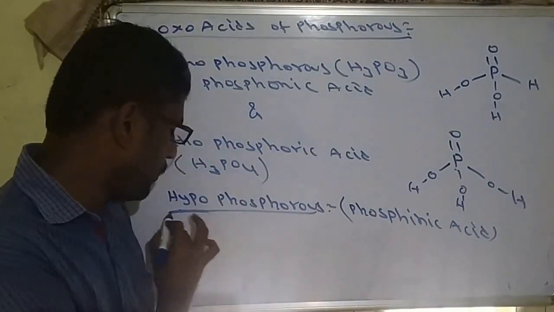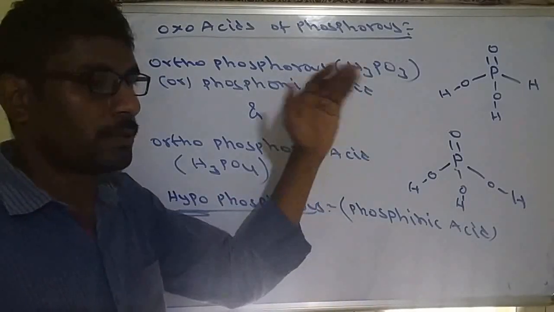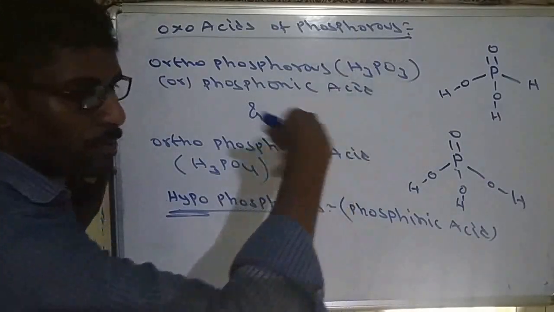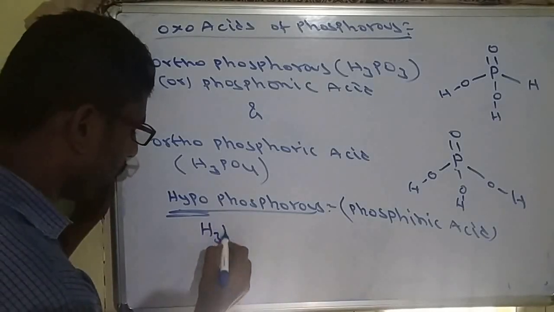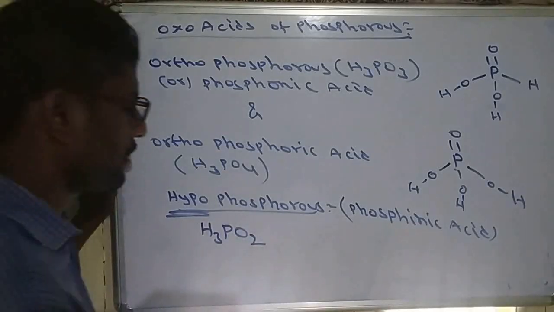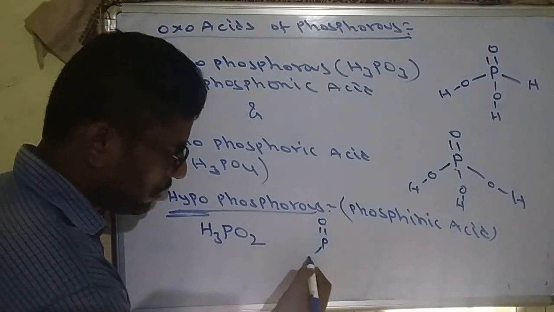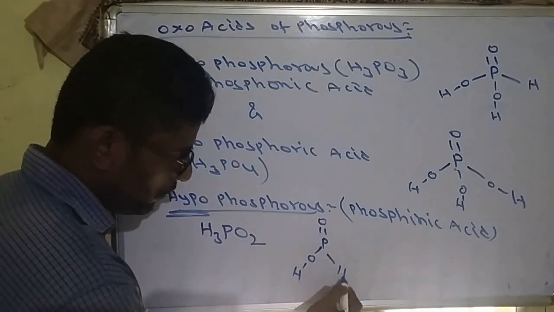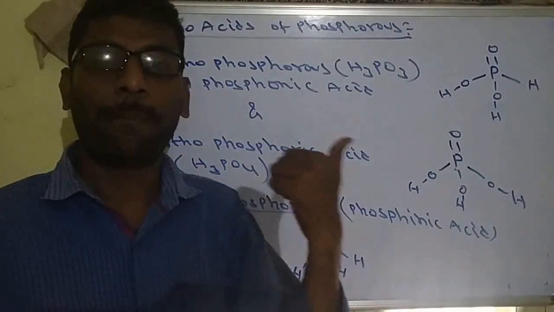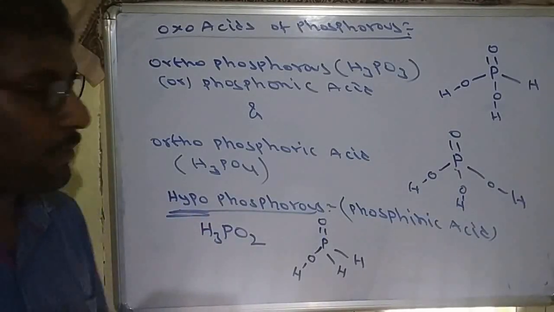What is meant by hypo? Hypo means loss of oxygen. If from this phosphorus you are removing oxygen, then the product is called hypo. So on removing, we get H3PO2. This is the hypophosphorus acid formula. You can write this structure: central atom, double bond oxygen, only one oxygen remaining, one OH group, remaining two hydrogens attached to the central atom. Since only one OH, it is a monobasic acid. So that is about hypophosphorus.